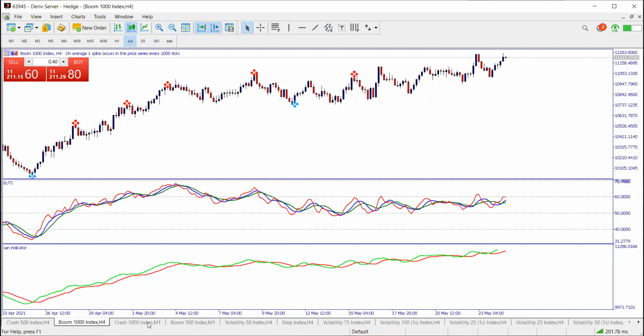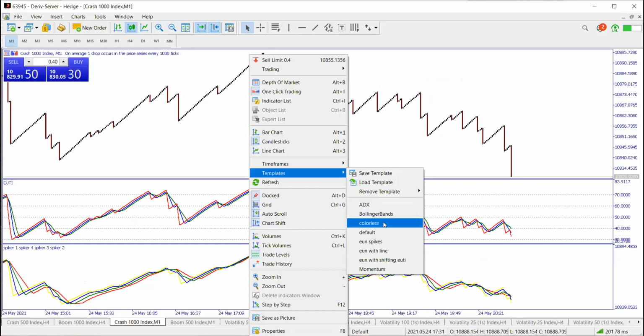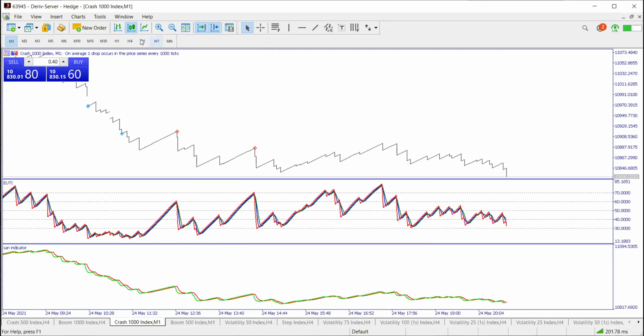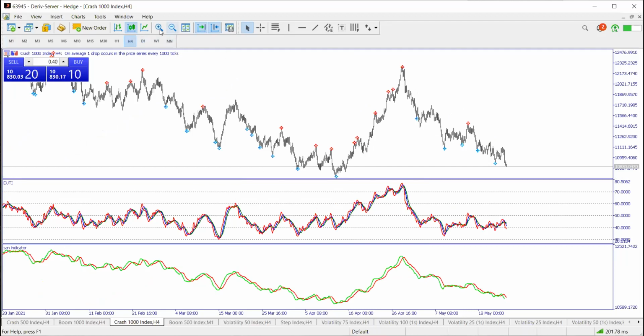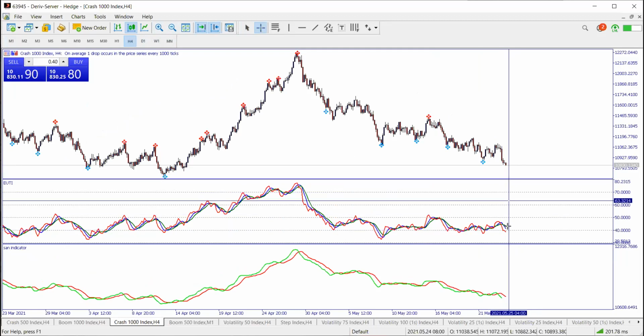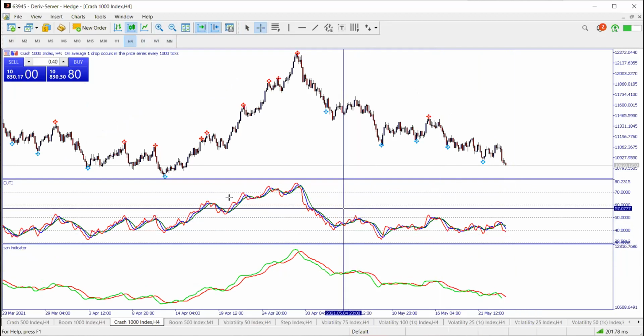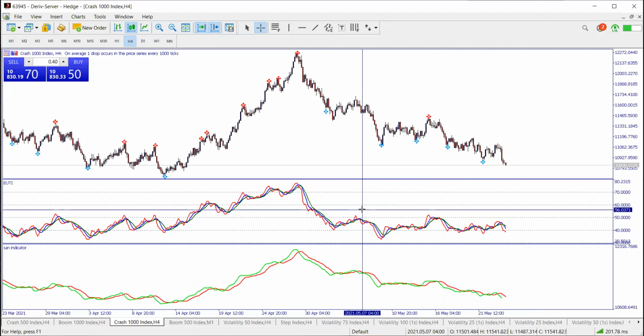So Boom 1000, we are expecting to sell it, and then we come to Crash 1000. This was a spiking day, that's a blessing from God. And Crash 1000, remember we said 40 and below is a buy zone, and Crash 1000 is in that zone. So avoid selling it.